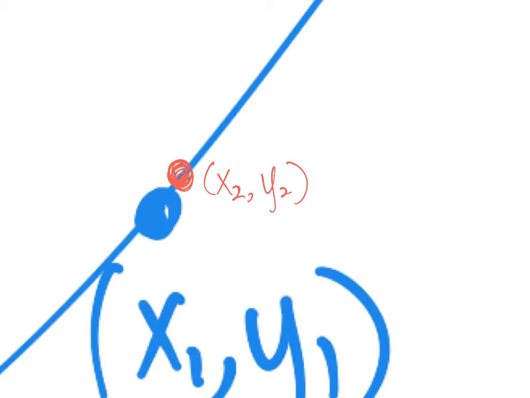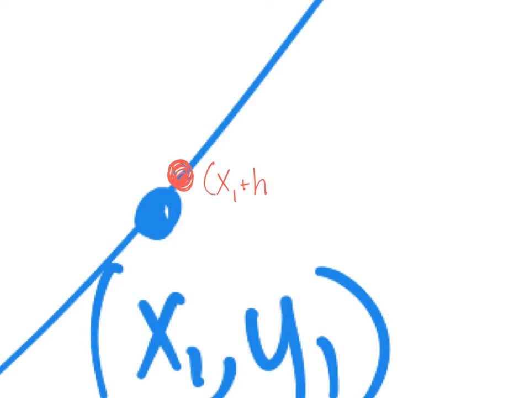So it's so close to each other that you can hardly tell the difference. And so what we end up deciding to do is, instead of renaming it something new, we say this is x1 plus a tiny little bit called h. And then the y value would be y1 also plus a tiny little bit.